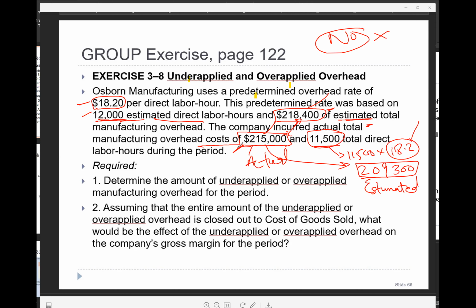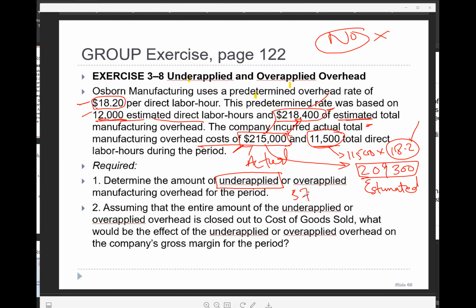Then it's underestimated because it's less. Or if we relate to our terminology, that is under applied. How much? 5,700.